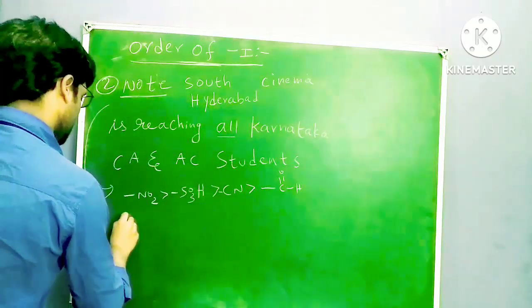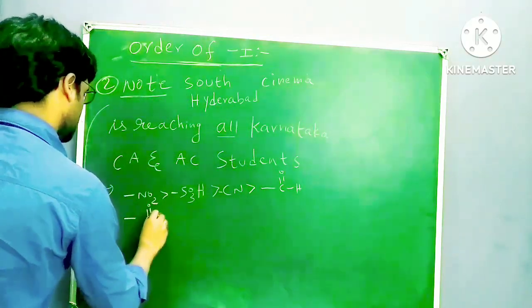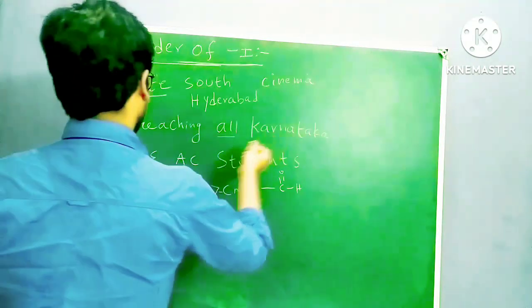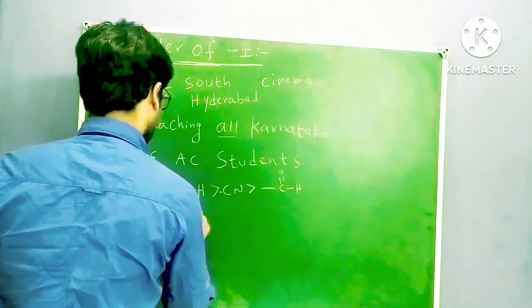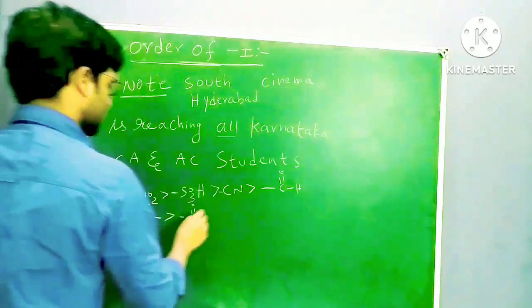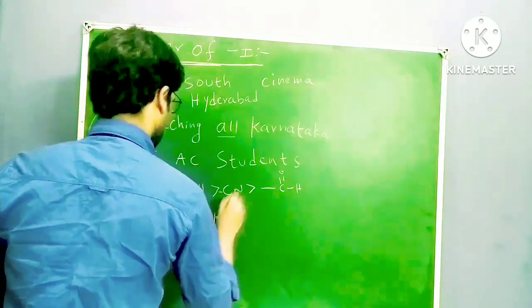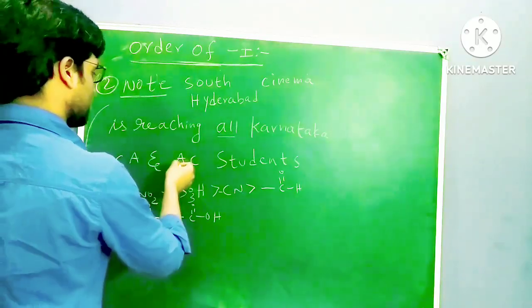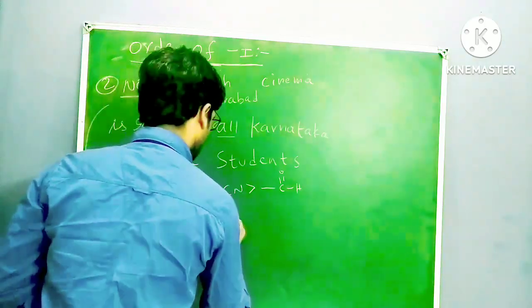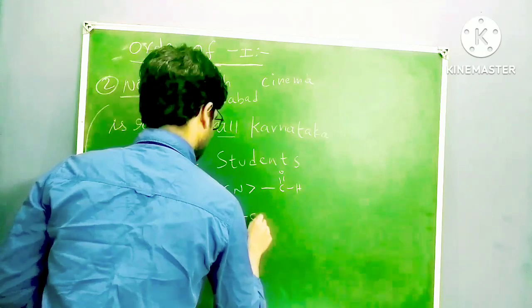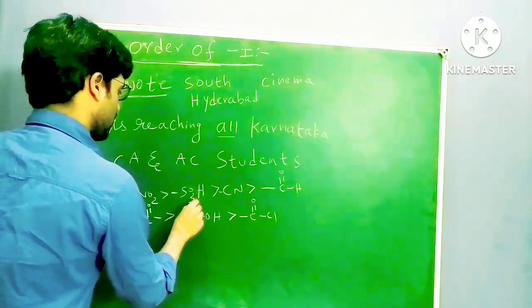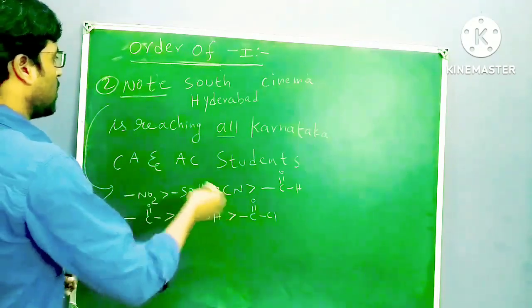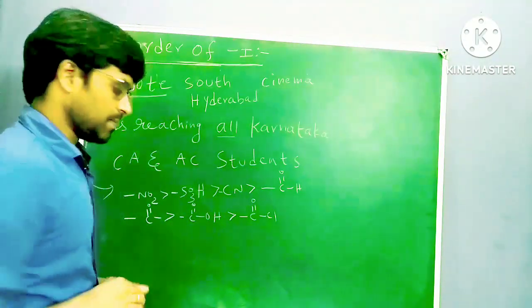Next, Karnataka, ketone. CA, that is carboxylic acid. CA means carboxylic acid, and AC, acid chloride or acyl chloride, COCl. This is COOH. So this is the order. You have to remember this trick.